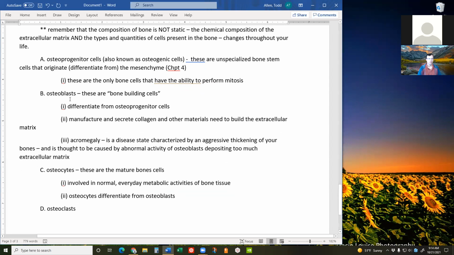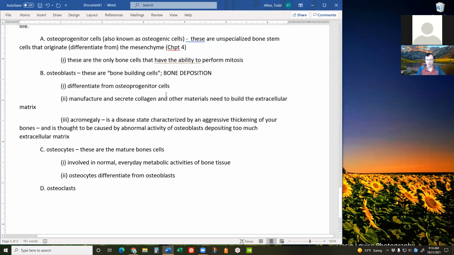So let me put up here by osteoblasts, okay, osteoblasts are responsible for bone deposition, laying down extra volume of extracellular matrix.